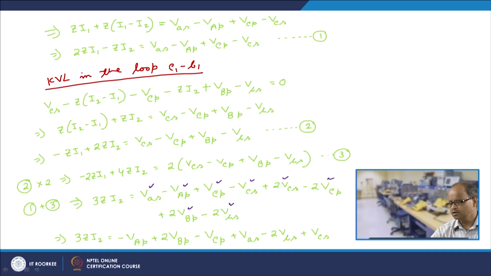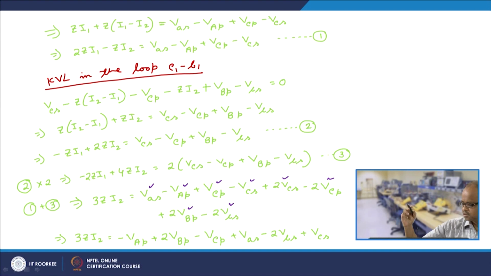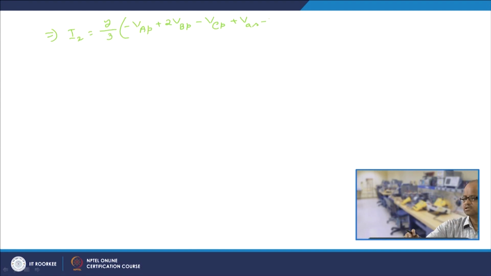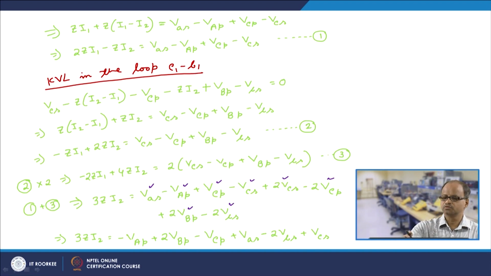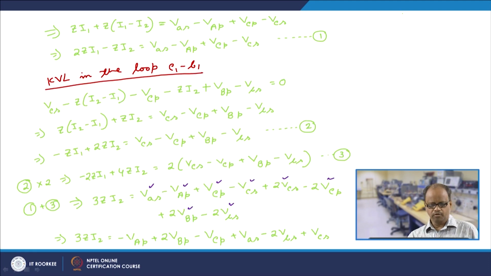So we are just writing all of them, plus VAS minus 2 VBS plus VCS. So this is the expression of I2. So this is equation 4. So we have got the expression of I2.